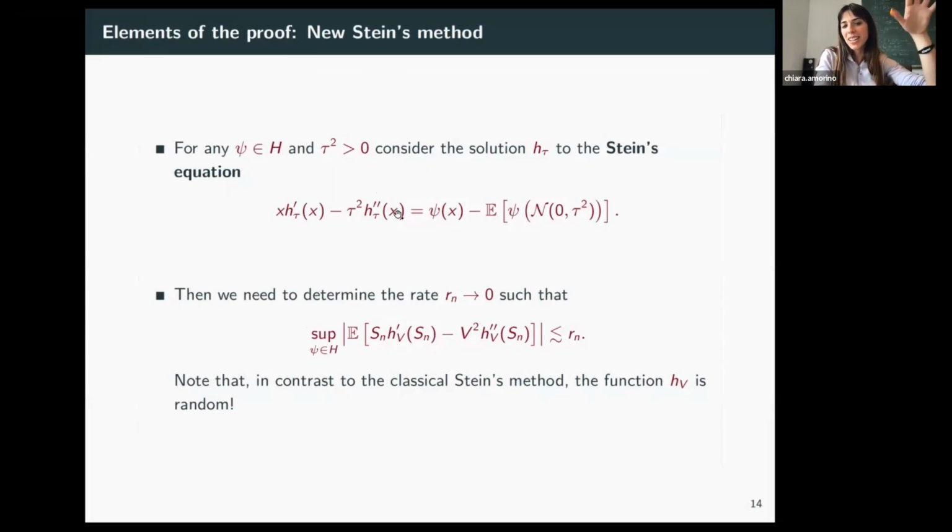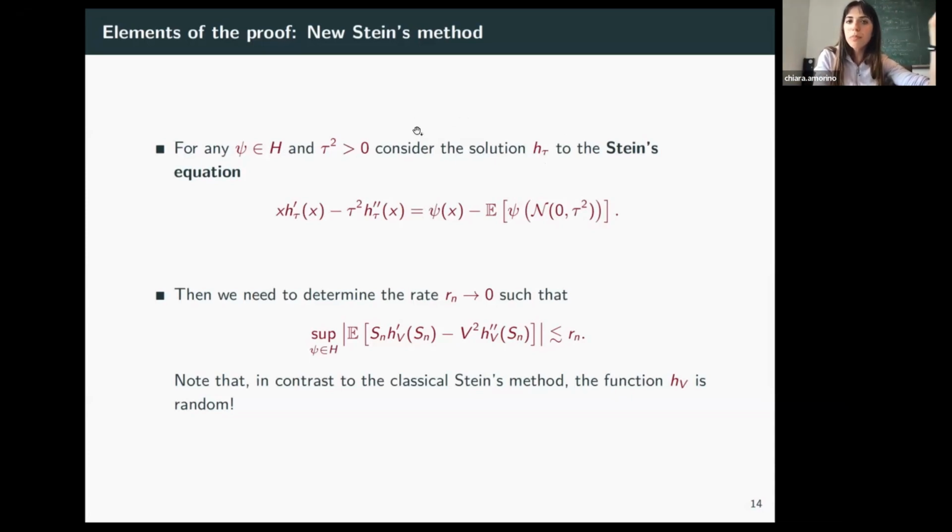Indeed, in the first case, for the normal Stein's equation, what happens is that you have some test functions, which are these psi belonging to some class. You want to understand how far away they are from a Gaussian with some particular variance. And instead of writing this guy, you can consider the solution of the Stein equation. So you write the distance as a function of the first and the second derivative of the solution of the Stein equation.